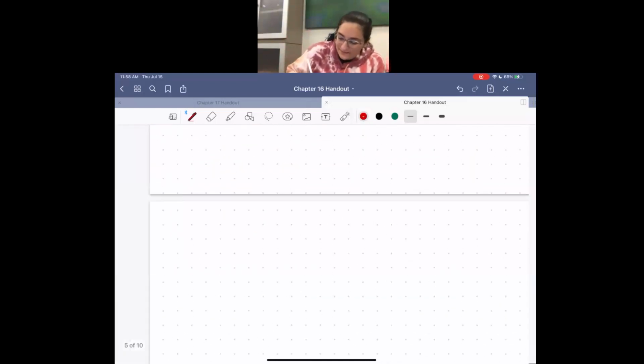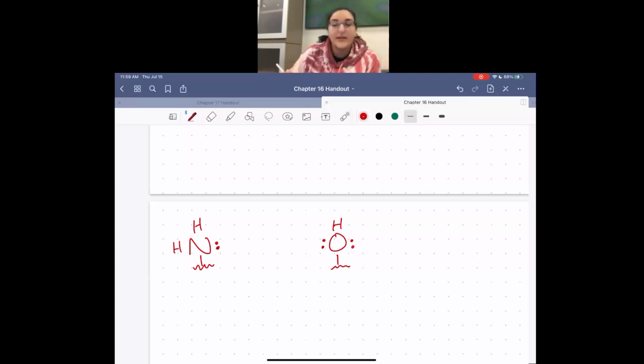So we have nitrogen and we have oxygen. Remember earlier in the semester when we were talking about acidity and basicity trends? Which one of these is more acidic?